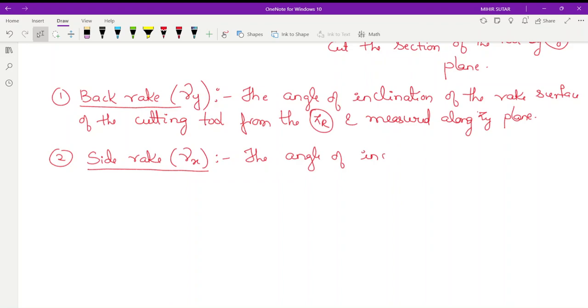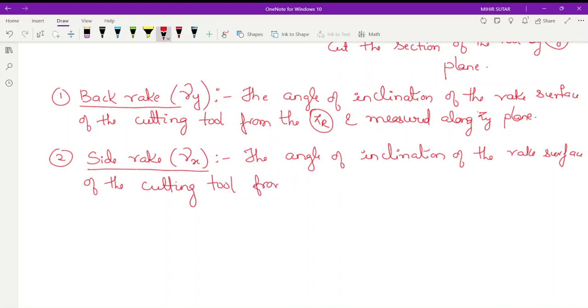The angle of inclination of the rake surface of the cutting tool from the pi r plane and measured along pi x plane.